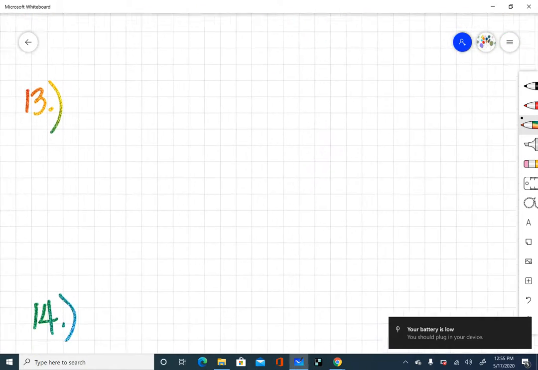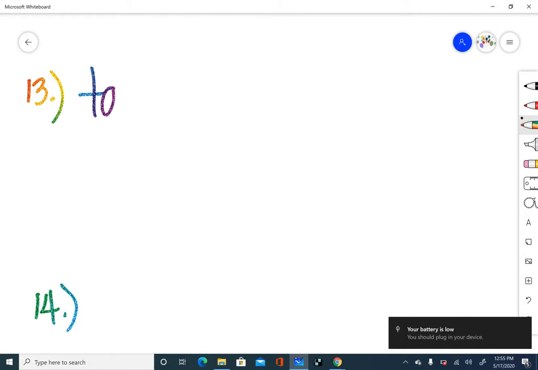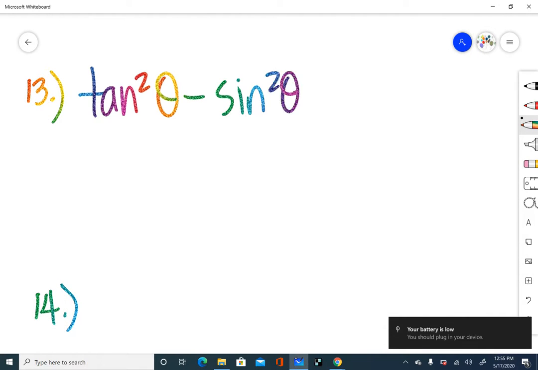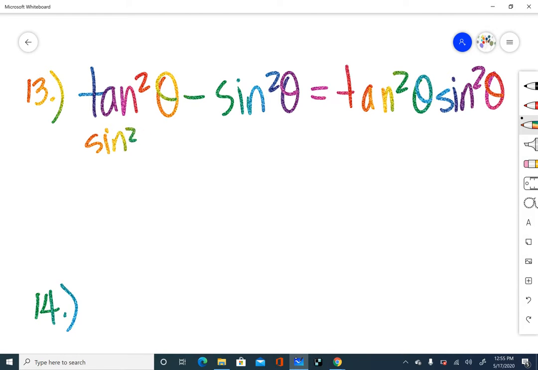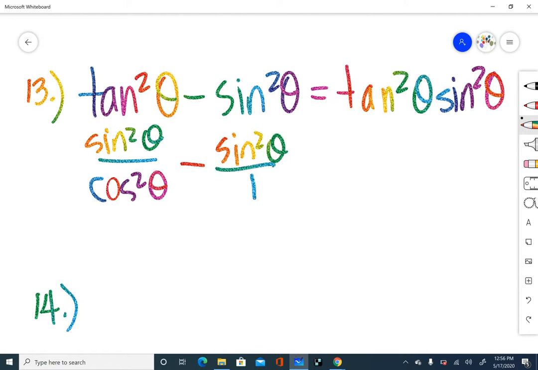All right, number 13. I believe you guys have seen this one before as well. All right, so let's look at tangent. So it's sine squared theta over cosine squared theta minus sine squared theta over 1.